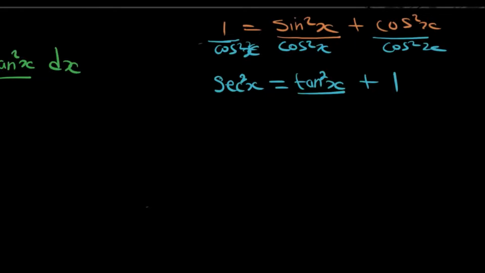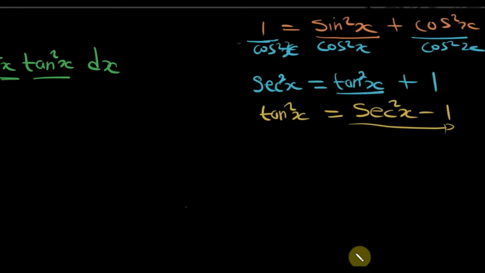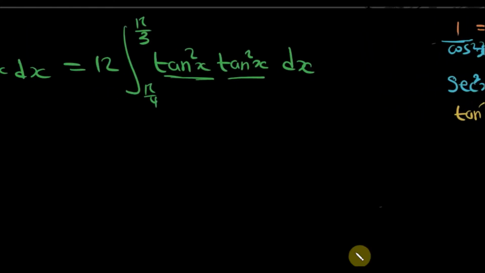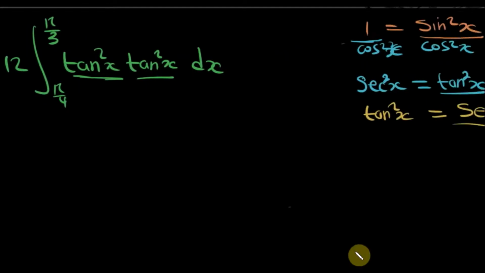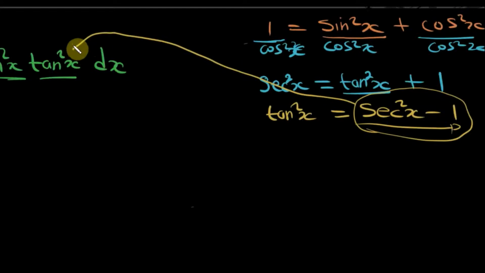From here we can make tan the subject of the formula. Tan squared x is equal to sec squared x minus 1. So this is our identity, and we can use this to replace one of the tan with this identity here, and replace this tan here with that identity.